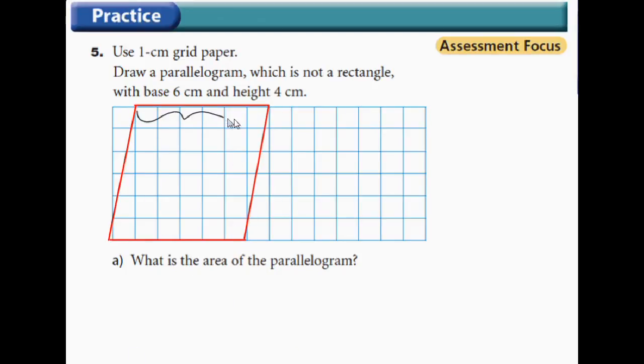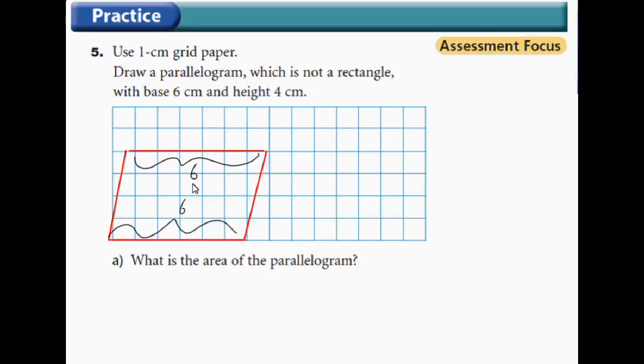Well, I know it has to be 6, because the base is also 6, so they have to be the same. And, oh, I've done this wrong because the height is not 4, so now I'm going to fix this, and we will change this height to 1, 2, 3, 4. There we go, and there's a height of 4, and I can just move this line down, and this all stays the same. Okay, so now I've fixed it.